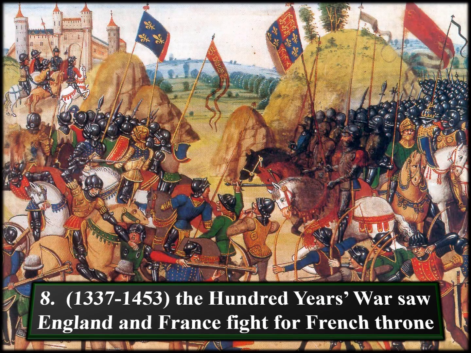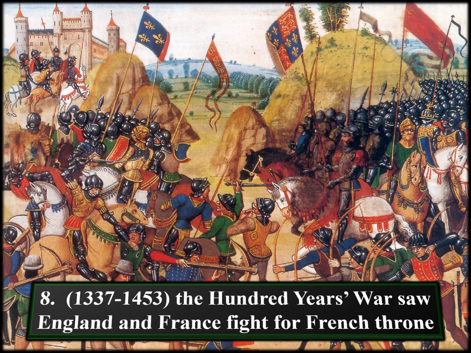Ultimately, as I said, this is the beginning of what is known as the Hundred Years' War, and it sees England and France ultimately fighting for who's going to control the French throne. And if you look at the dates, 1337 to 1453, you'll note that it's longer than 100 years. This war goes on for longer than 100 years, although it's not constant fighting all the time. Ultimately, it would go back and forth between the two sides.